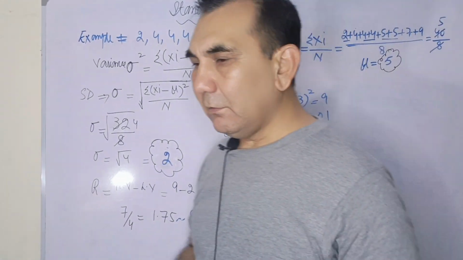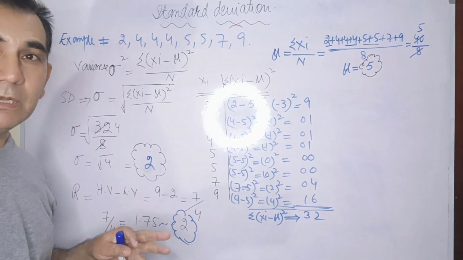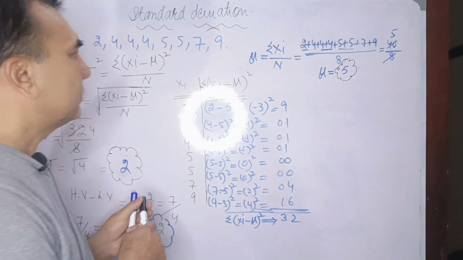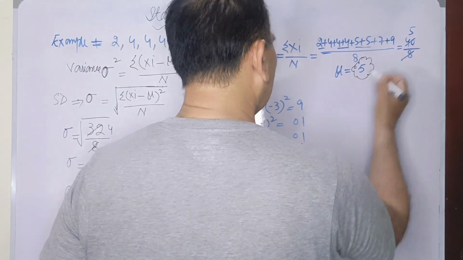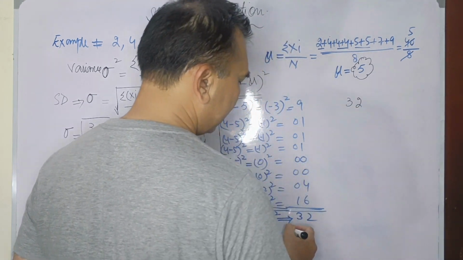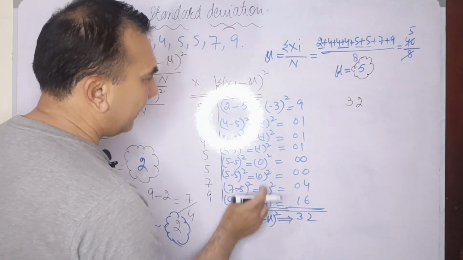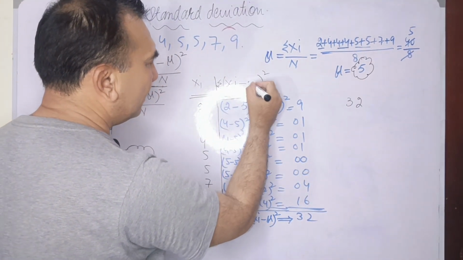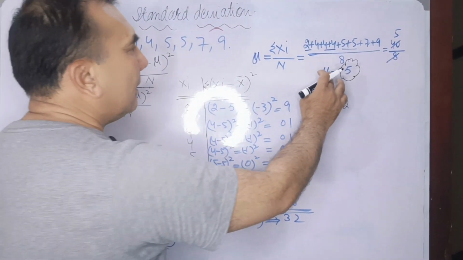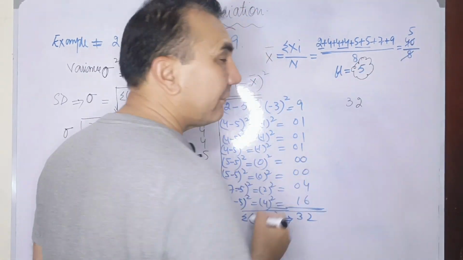Okay, if we calculate the standard deviation of the sample, we again take 32, which is the sum of xi minus, here in place of mu, x bar, the mean of the sample, which is the same 5.